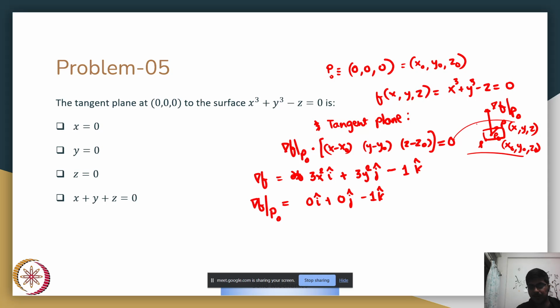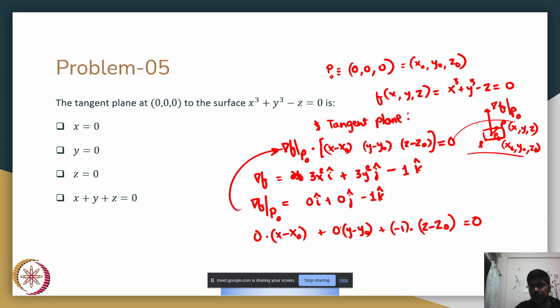I now use this and substitute it in this general equation for the tangent plane, and I would end up with 0 into x minus x naught plus 0 into y minus y naught plus minus 1 into z minus z naught equal to 0. Again, x naught, y naught, z naught are 0, 0, 0.